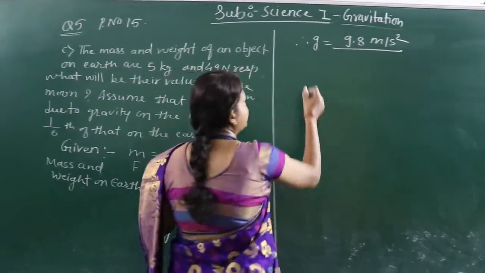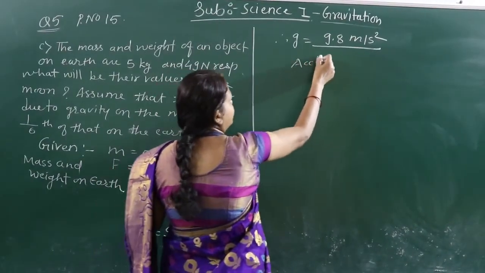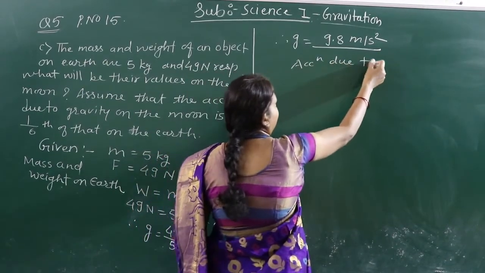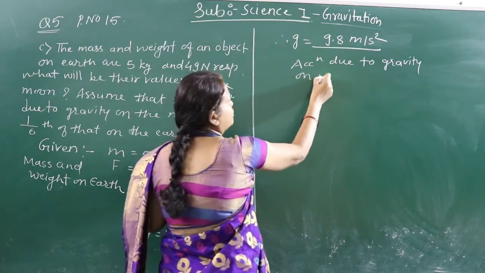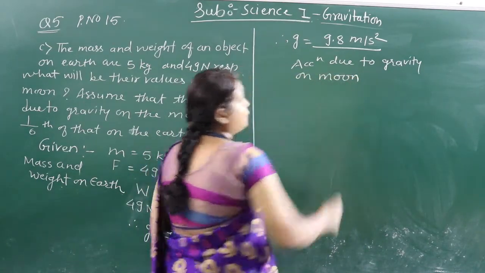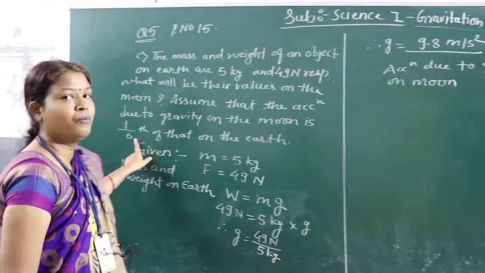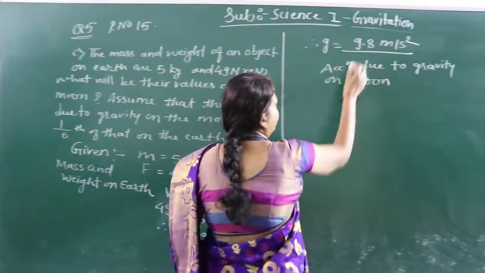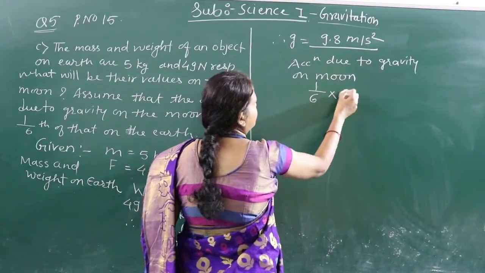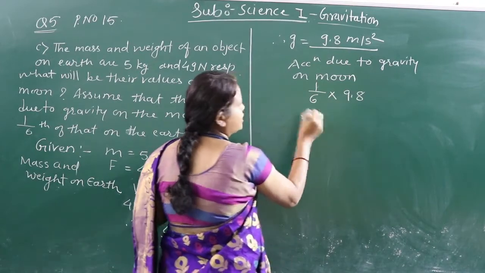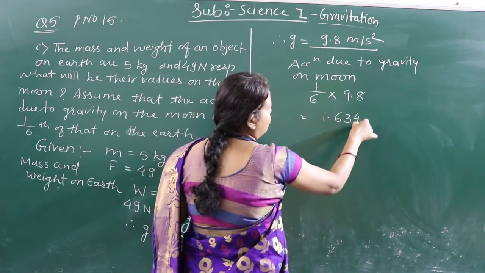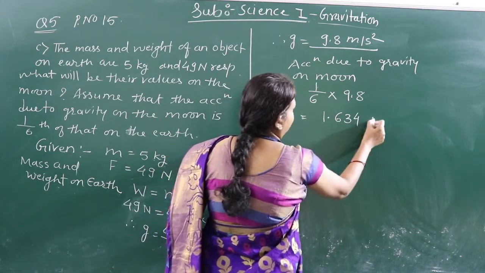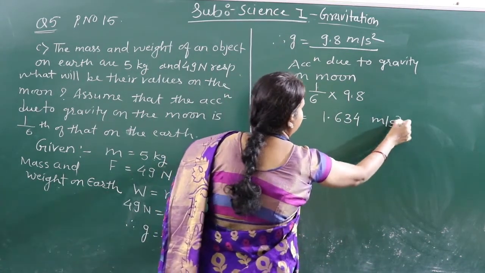The acceleration due to gravity on the moon becomes 1/6, so this value becomes 1/6 of 9.8, which is 1.634 meter per second square.